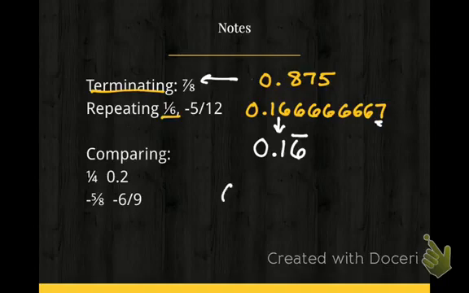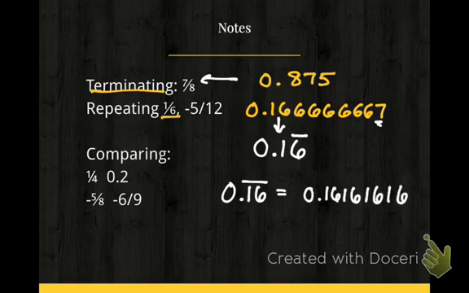Be really careful, because if you put 0.16 and the line goes over both digits, that is 0.16161616, because we showed that both the 1 and the 6 were repeating, when really the only digit that repeats is the 6. So we would only want to show the line over just the 6, so that we are very clear on what is repeating.